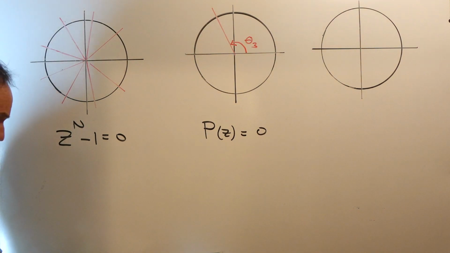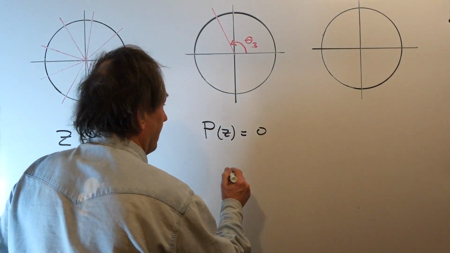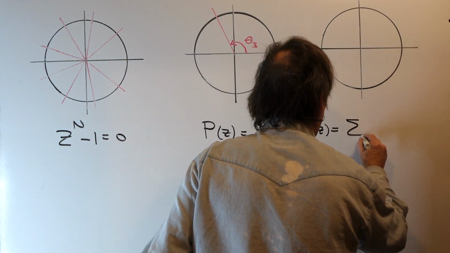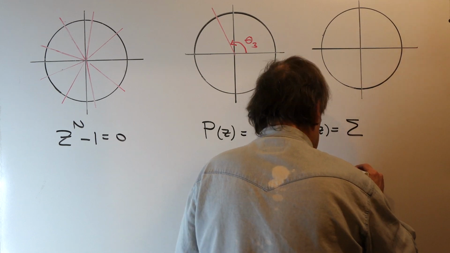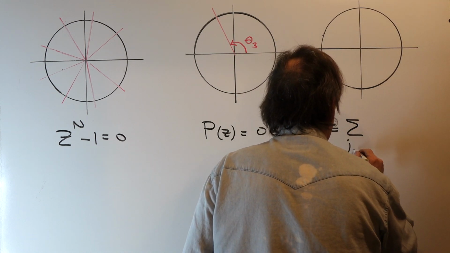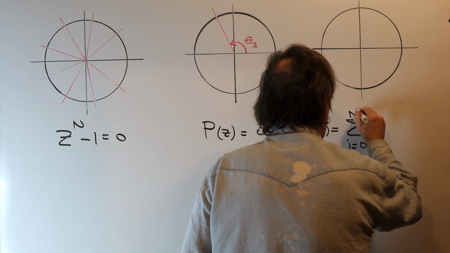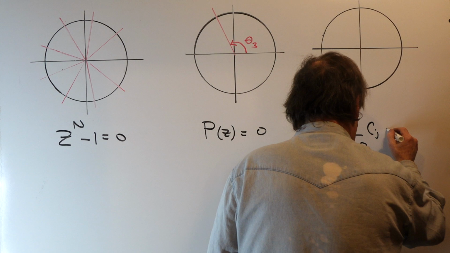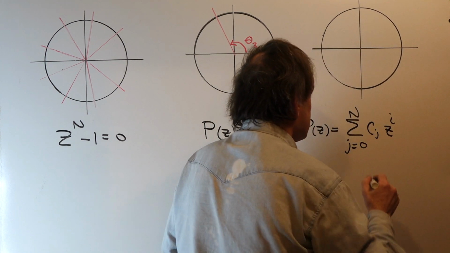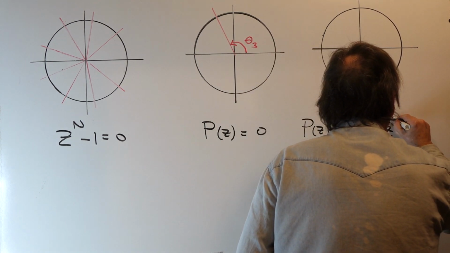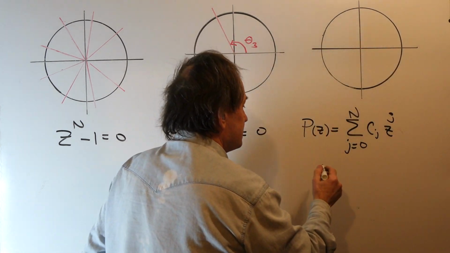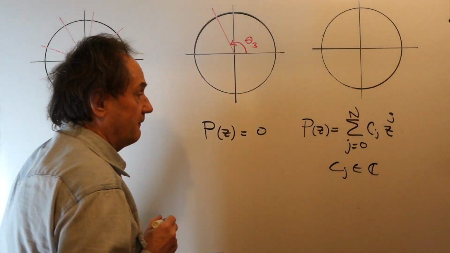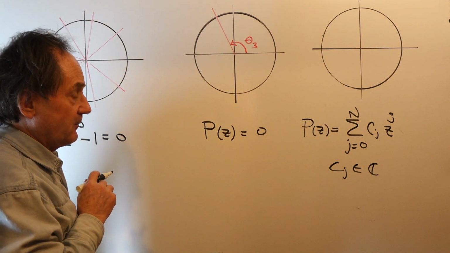Now, p of z in general will have a form like this. We could write it compactly as the summation of j equals 0 to n of c sub j z raised to the power j. And the c sub j's in general can be members of the complex numbers.